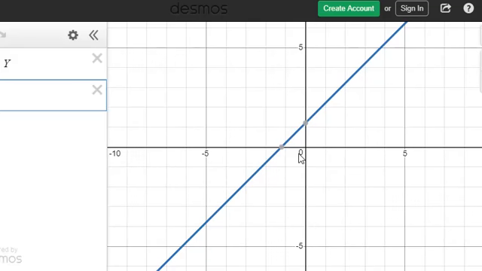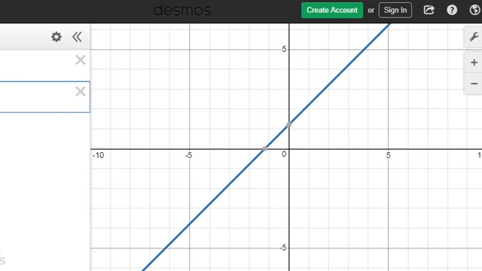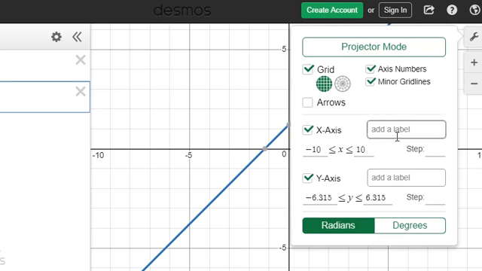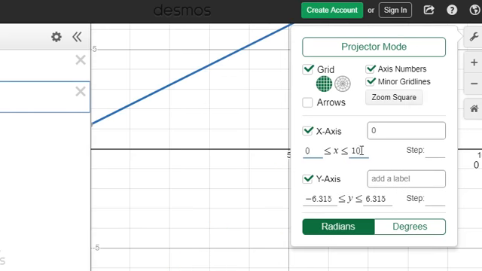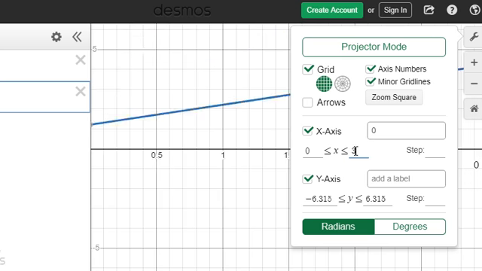Okay, but we don't see the aggregate demand curve, do we? So we have to go over here, click on Tools, and for the x-axis, let's just try some numbers. Let's go 0 to, I don't know, 30.